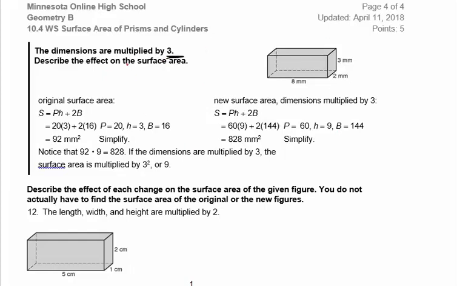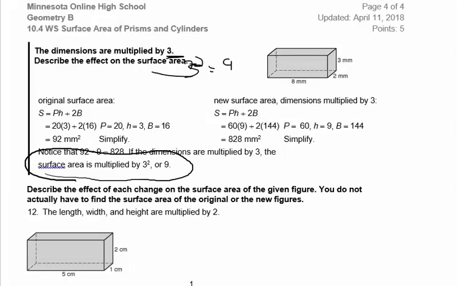So if all of the dimensions are multiplied by 3, the surface area will be multiplied by 3 squared, which is 9. You don't actually have to find the area of the original and then change all of these amounts by multiplying by 3. If that question says, what is the effect on the surface area? The answer is, it will be multiplied by 9. So it's not just 9, its surface area is multiplied by 9.